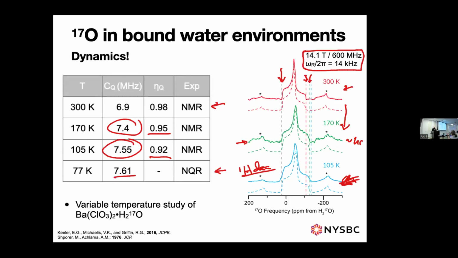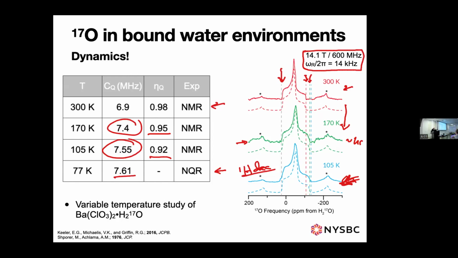Eric, just once again, and I know I asked this already: the asterisk means spinning sidebands, right? Yes, the asterisk is for spinning sidebands. But we think everything here is central transition. Yes, it's all central. The satellite transitions are there.